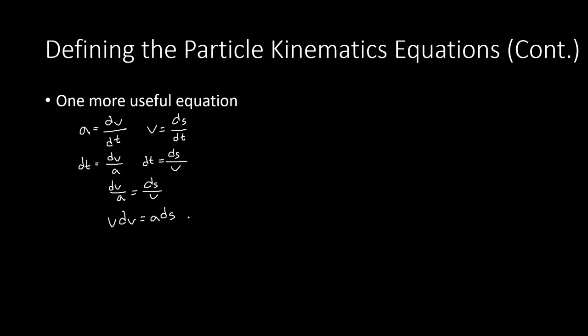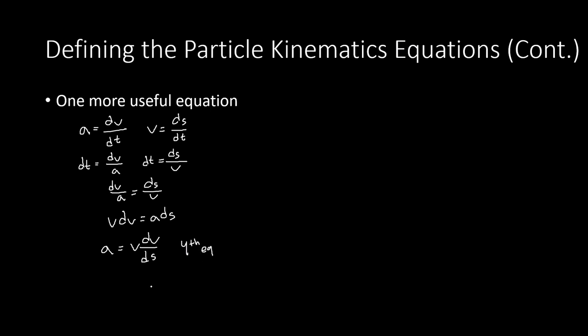So this is going to be how we're going to integrate this equation, but most often you will see the ds under the dv, and you'll see this equation written like this: v dv/ds equals a. And this here is our fourth equation.